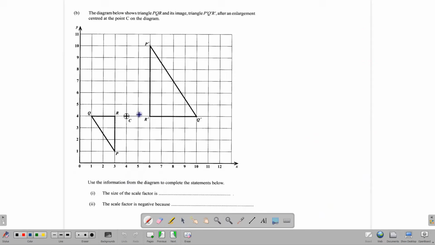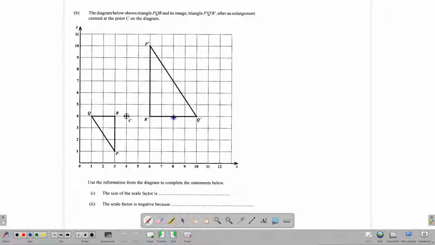Here we have the diagram below, which shows triangle PQR and its image P prime Q prime R prime after an enlargement centered at the point C. So this is our center on the diagram. Use the information to complete the statements below. So the size of the scale factor, remember, we need to compare two similar sides to get the scale factor.